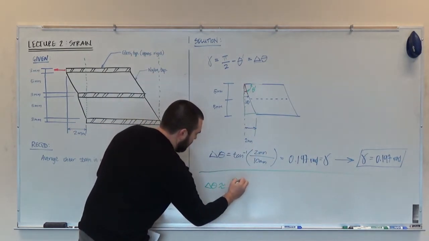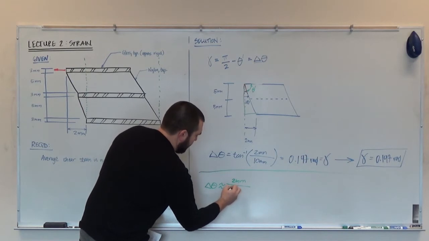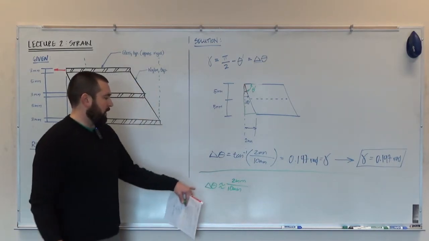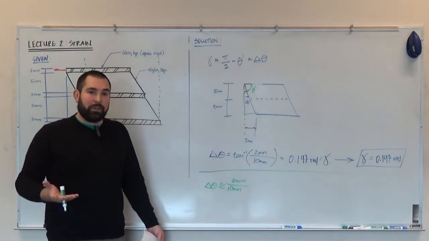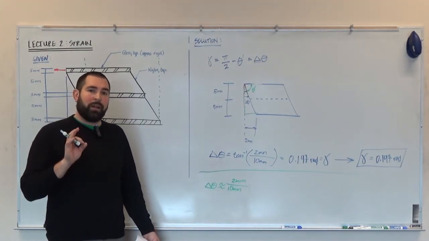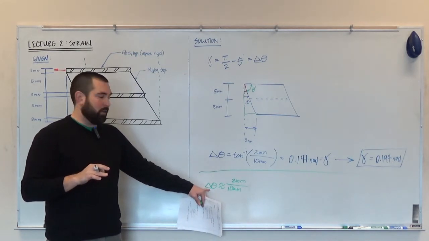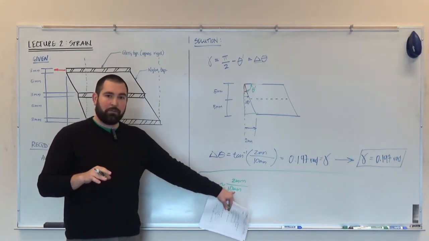So 2 millimeters divided by 10 millimeters. All right, saying the angle is approximately equal to the tangent of the angle. Again, this only applies to radians, that the angle in radians is approximately equal to the tangent.